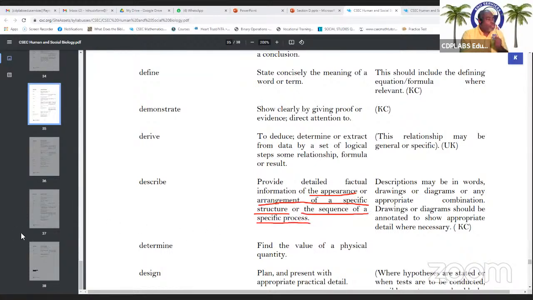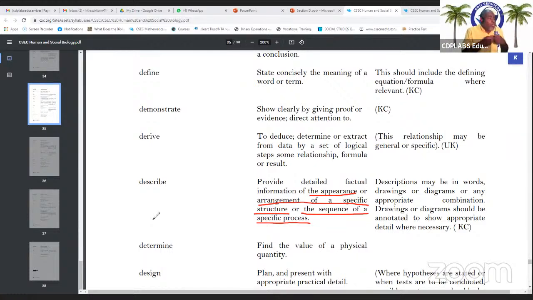So when you're writing notes, you must know if it's giving a description, either describing the appearance or the arrangement of a specific structure, how a structure looks or how it's put together. Most science books are descriptions of the appearance or the arrangement of something.